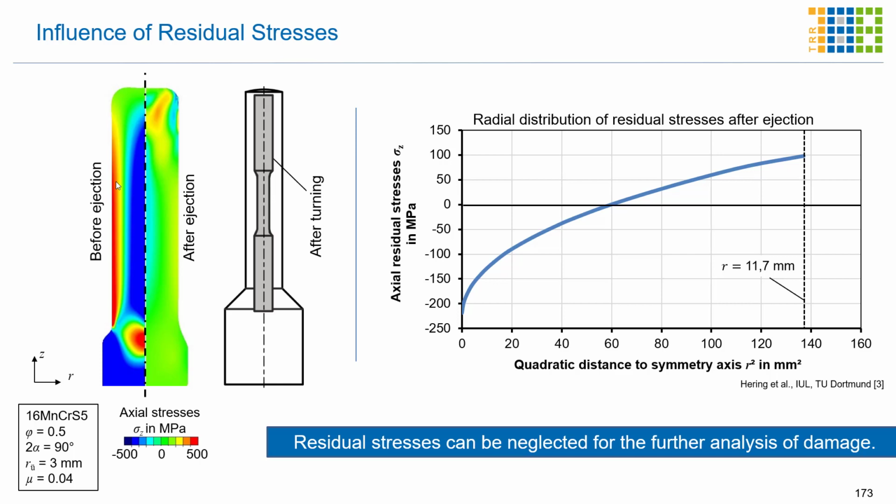Even though there is no huge plastic deformation in the ejection step, we have a huge decrease in the residual stresses. This is also shown on the right hand side. We have a maximum negative residual stress in Z direction of -200 megapascal and a maximum of 100 megapascal.